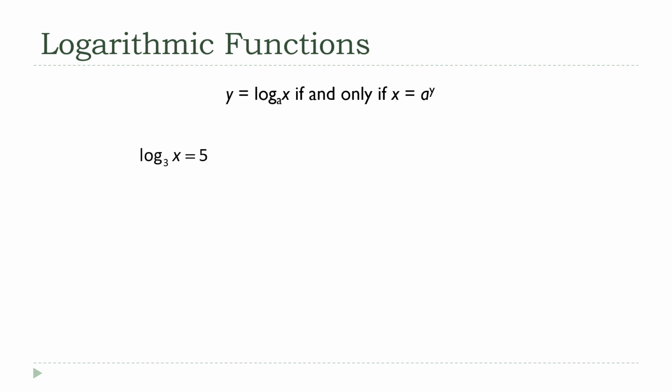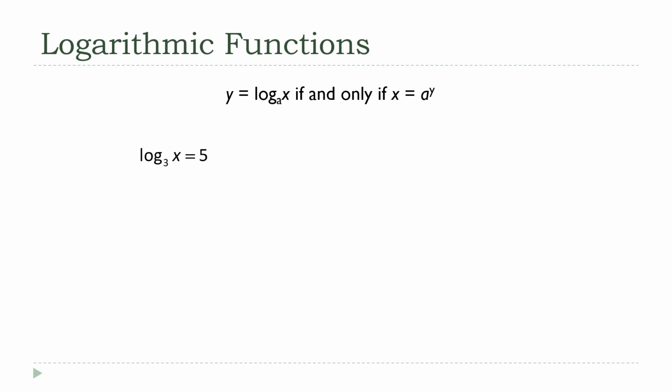Say we have log base 3 of x equals 5. Okay. I want to convert this. Here's the question you might be asked, like on a homework assignment or a test: convert this logarithmic equation to the equivalent exponential equation. And the way I think about this, remember, the bases stay the same.